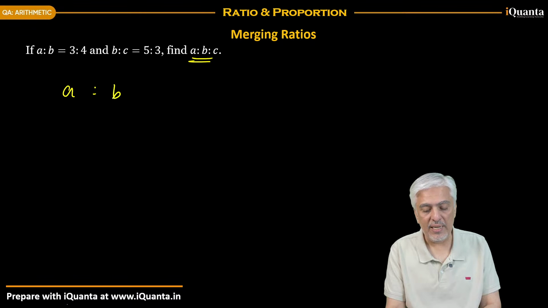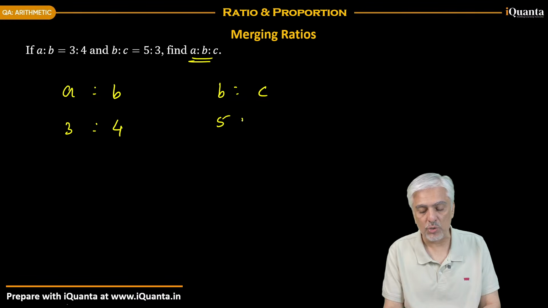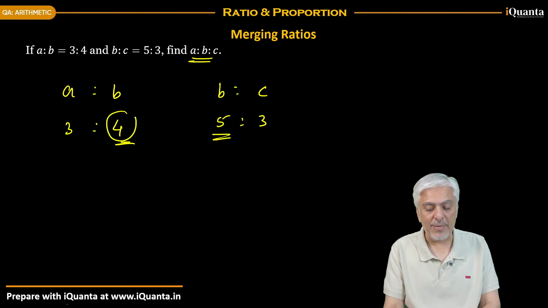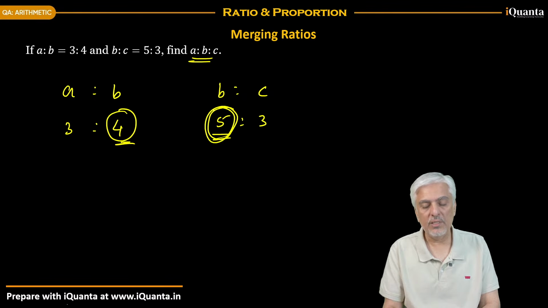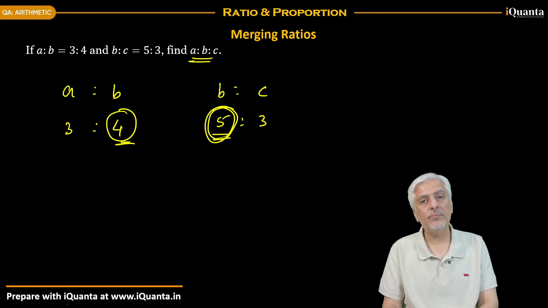A ratio B is 3:4 and B ratio C is 5:3. दोनों में B है. So we may need to make B same.